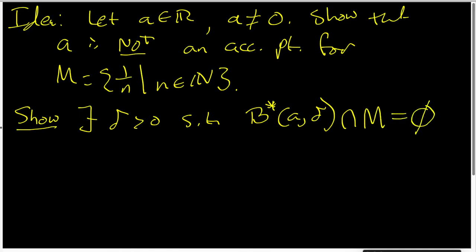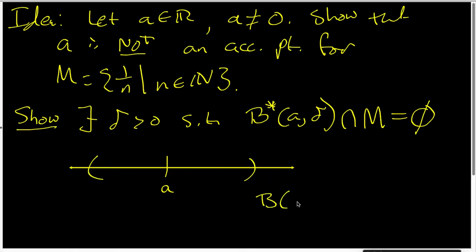I want to draw that on a number line to make it clear. So here's the number line, here is A. And here is my delta ball. The punctured delta ball has everything except A, so it includes these elements and these elements. I now puncture that delta ball.